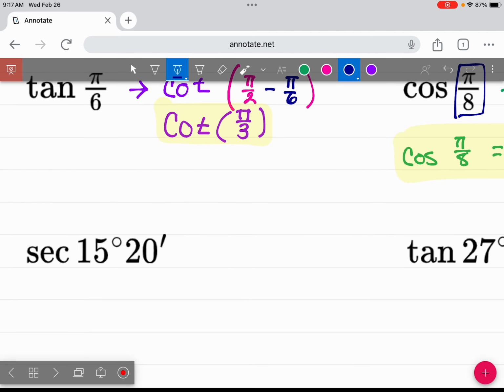So when we put this as our co-function, secant partners with which one? Cosecant. But now we have degrees, so I'm going to take my 90 degrees, and we need to subtract our 15 degrees, 20 minutes.